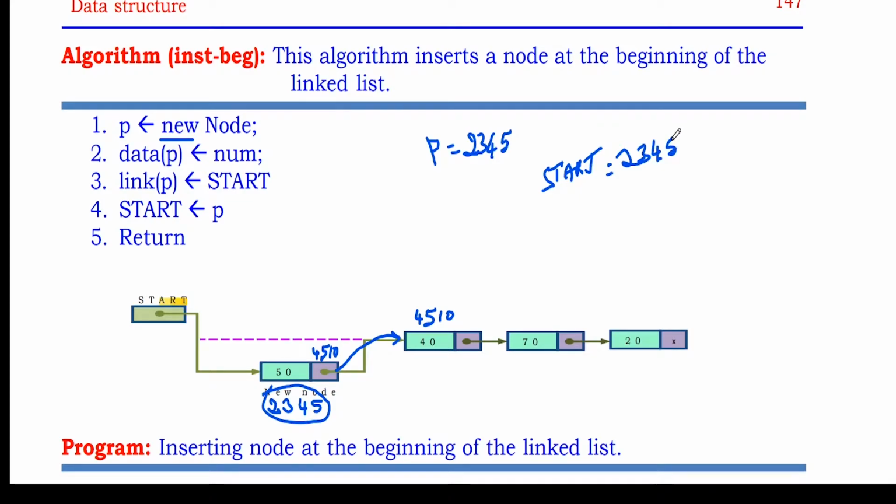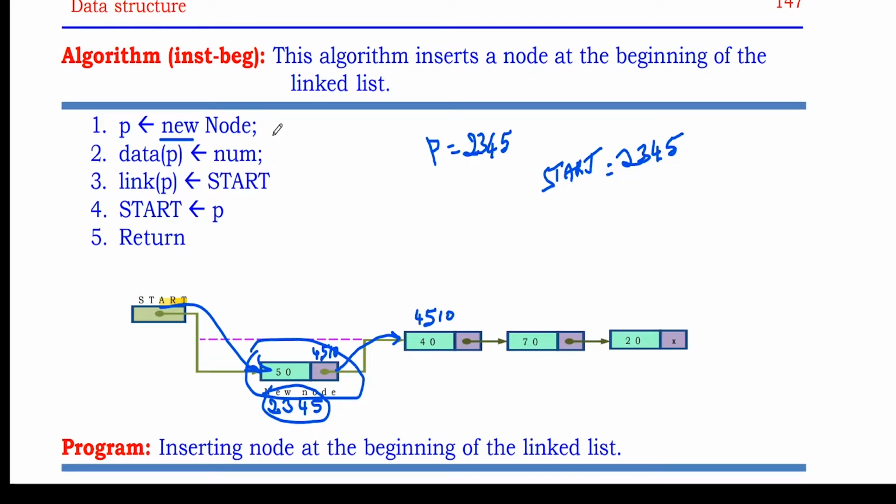So when it becomes 2345, start now is pointing to this, because start contains 2345. So now this is how the linked list is created. So the new node which I created is inserted as the first node.